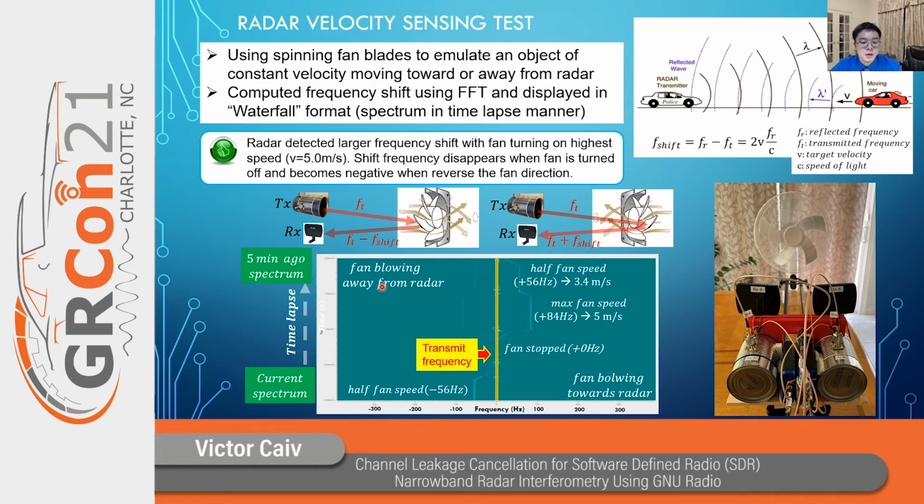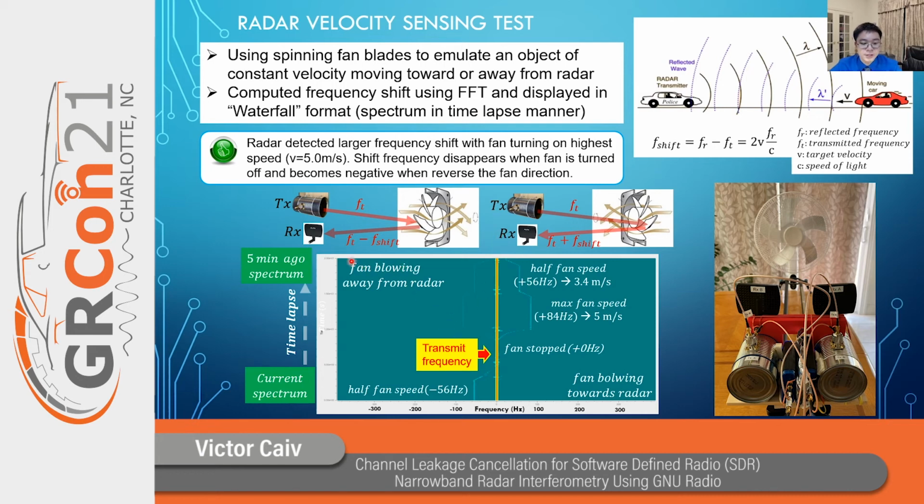So we used an FFT and a waterfall format to display that. In this waterfall format, the FFT of these frequencies, the frequency offset, is shown on the X, and then each of these FFTs is pushed upwards as new ones are created, so we can see backwards in time.